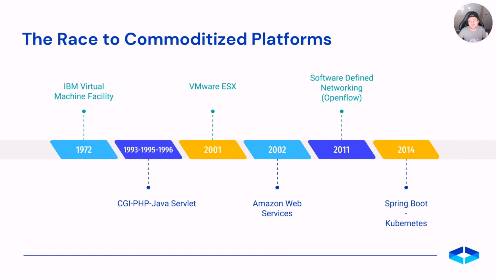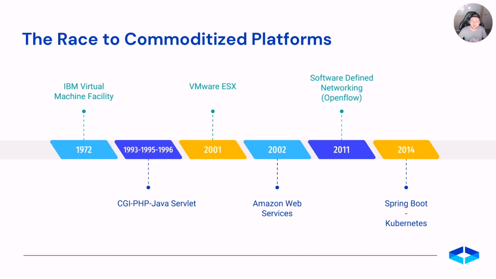Then VMware gave us the ability to industrialize x86 virtualization and run these web applications in a much more scalable fashion. But it's the adoption of public cloud, with AWS leading the pack, together with software-defined infrastructure, that enabled the release of both software and infrastructure components on demand.